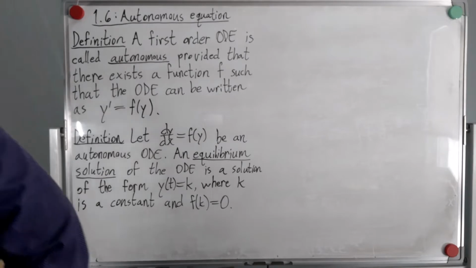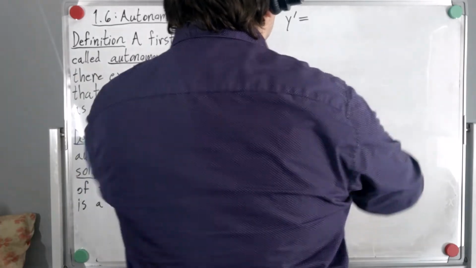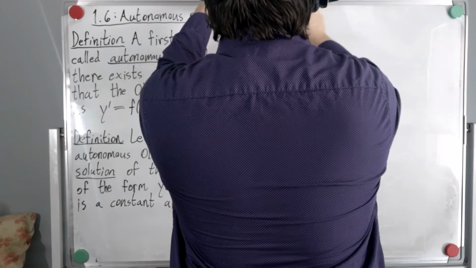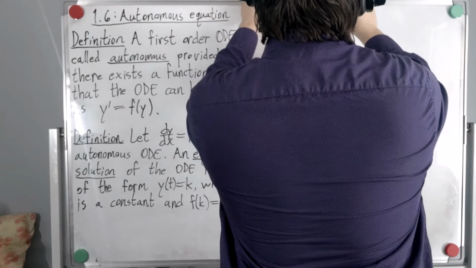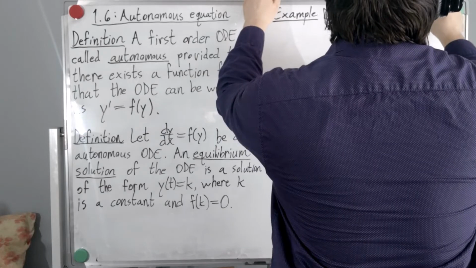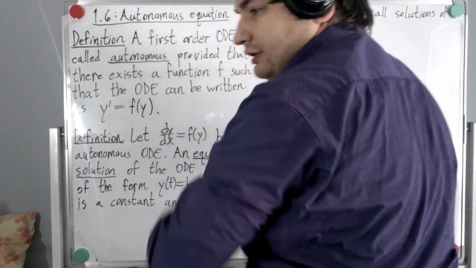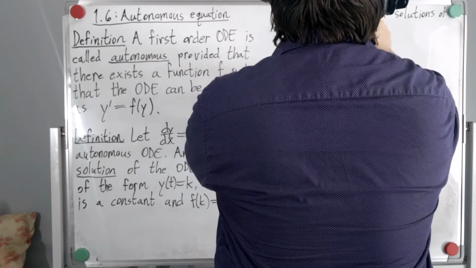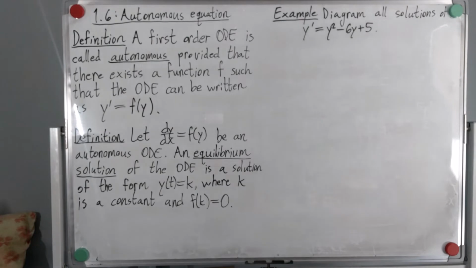So we're just going to take one example. Y prime equals, let me say that this is an example. So what we want to do here is diagram all solutions of y prime equals y squared minus 6y plus 5. Okay.